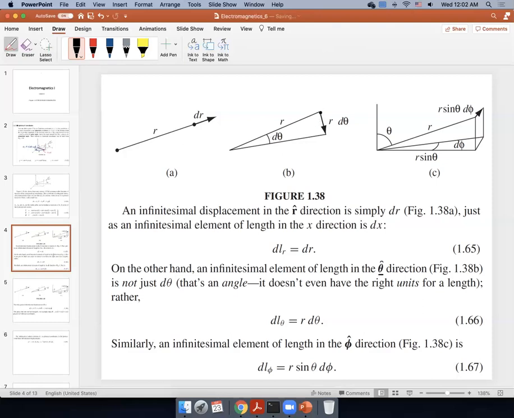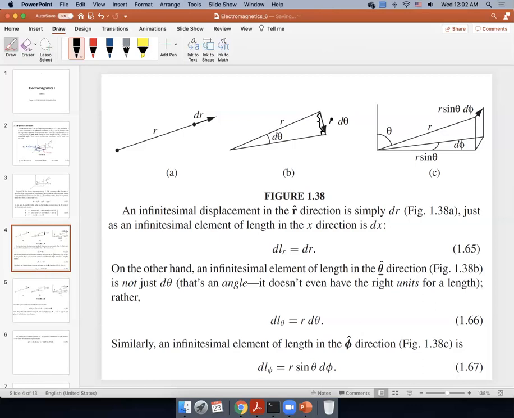If you have an infinitesimal displacement in the theta direction, which is shown here, then in trigonometry, if d theta is small enough, this displacement is small enough, then this angle is almost 90 degrees.